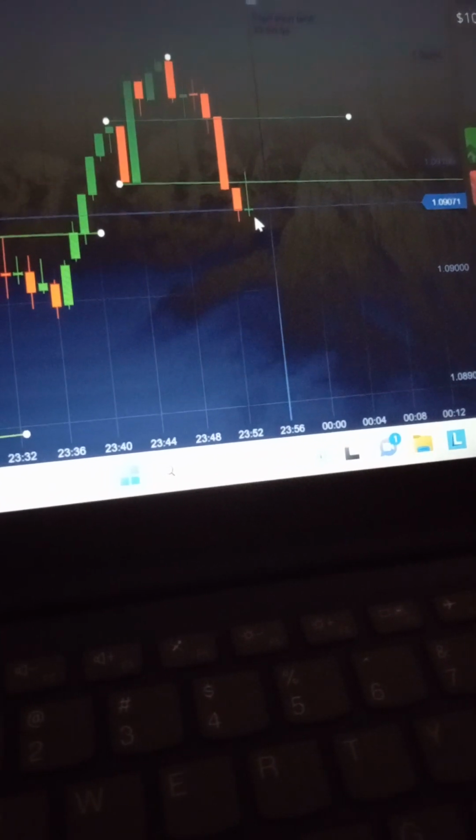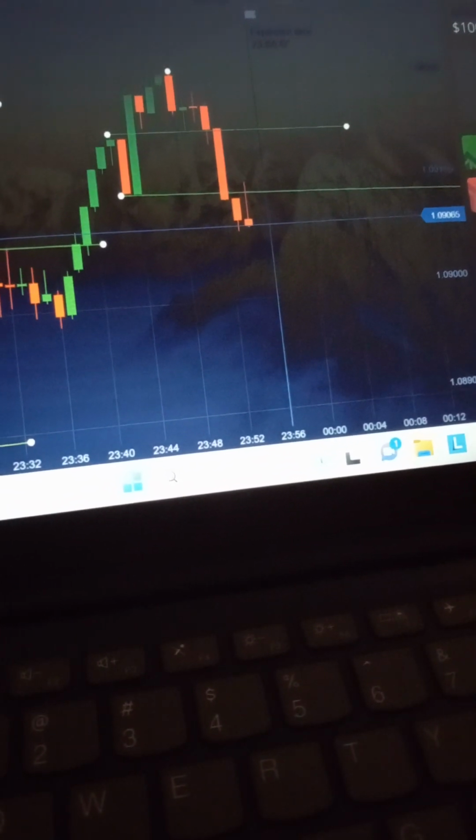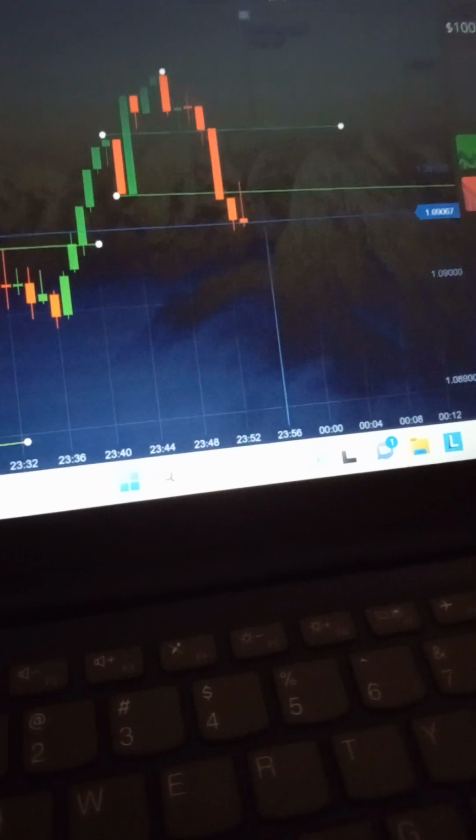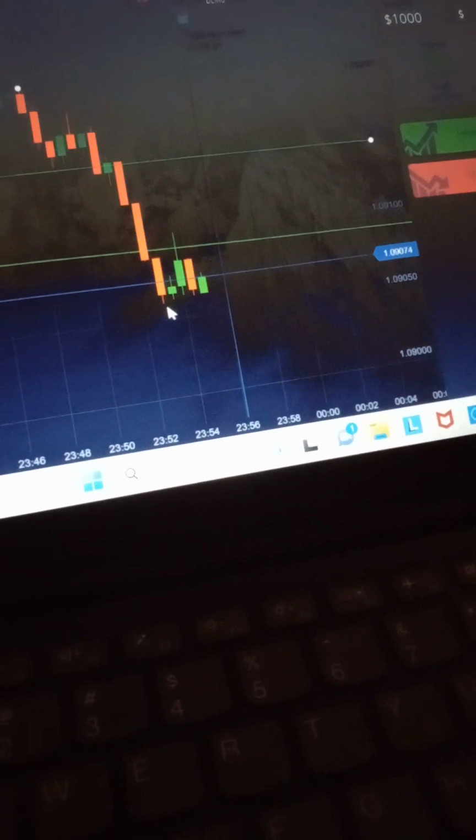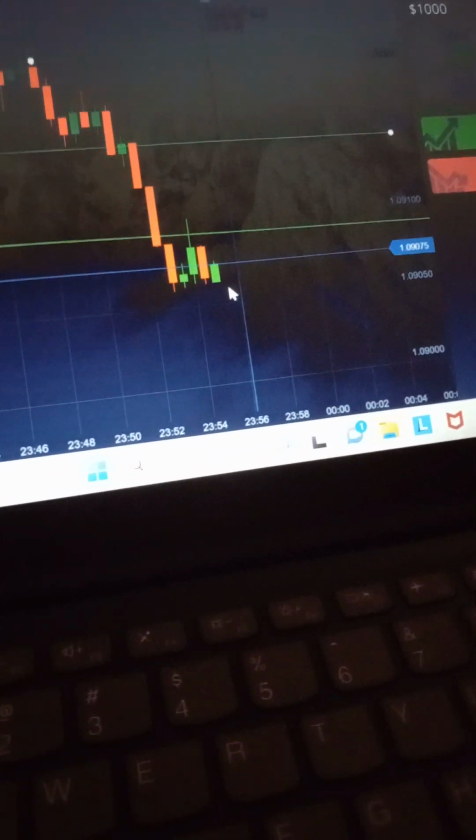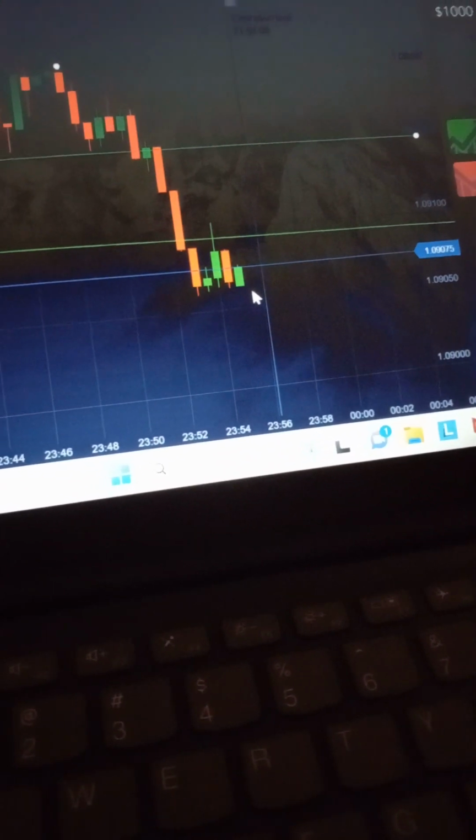So what you want to do is go to a lower time frame and look for a possible reversal pattern to change. And once price breaks in the direction of the trend, it's an actual breakout for real. But if price breaks in the opposite direction, it's a false breakout.